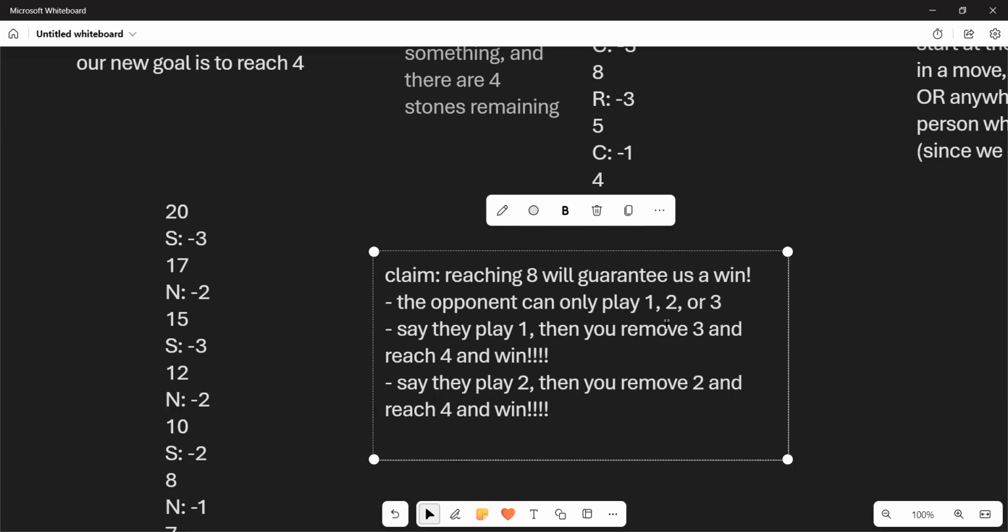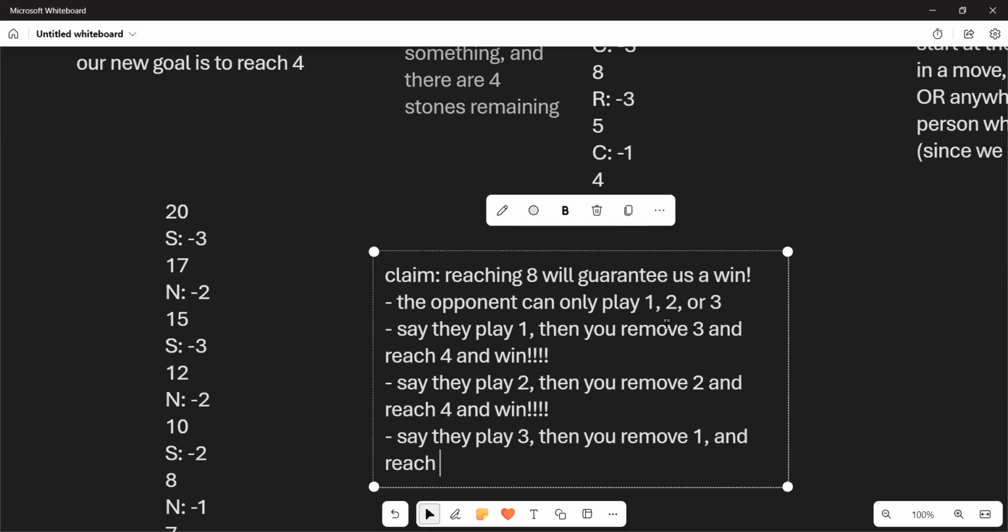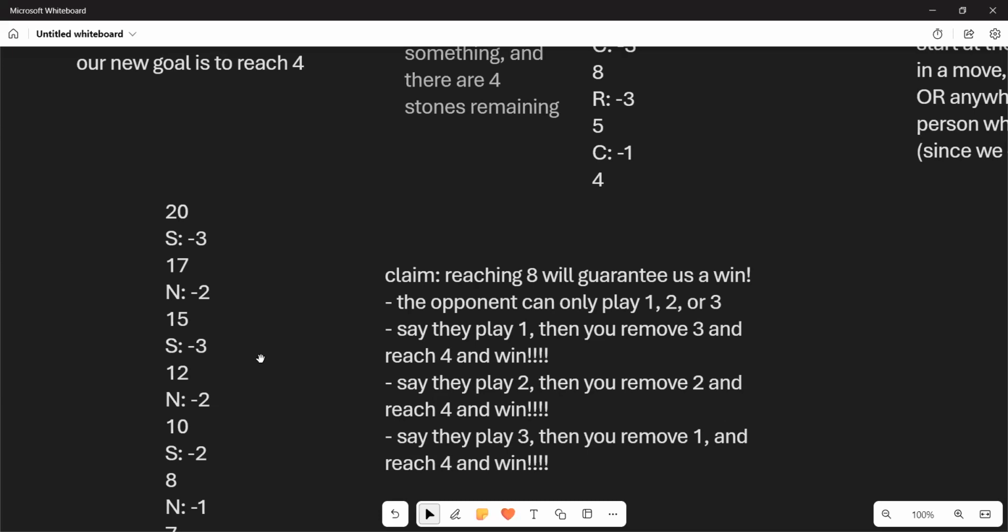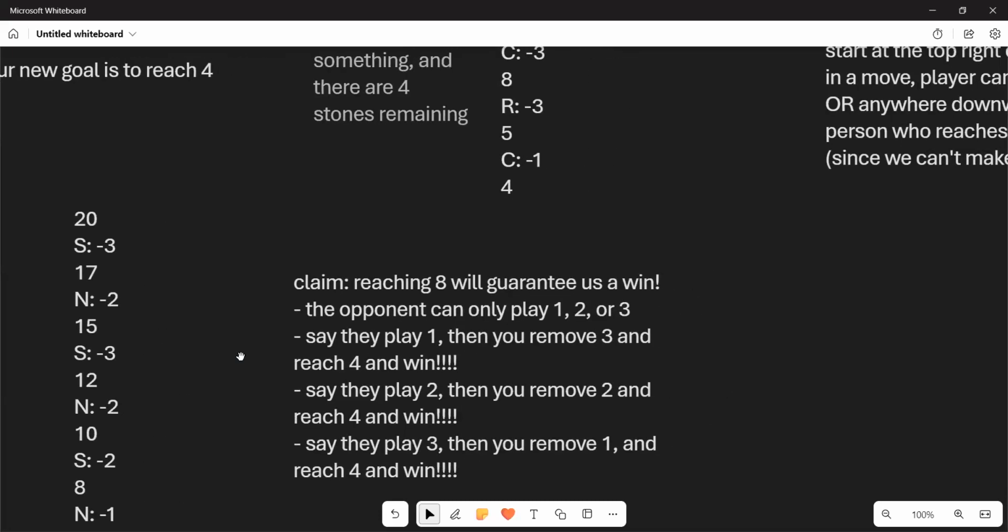And the last case is when they play 3, then you remove 1 and reach 4 and win. Good job. So reaching 8 guarantees us a win.